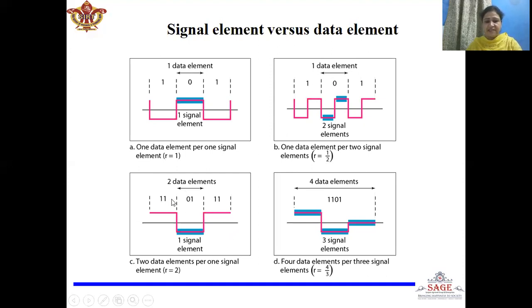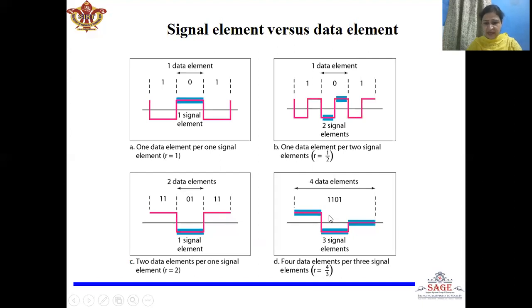Now here we can see that our data consists of two-bit groups, that is 1, 1, 0, 1, and so on. Here 0, 1 is represented by a low voltage level. So in this case, the data elements are 2 bits, whereas the signal element is 1. So there are 2 data elements per one signal element. So small r is 2.